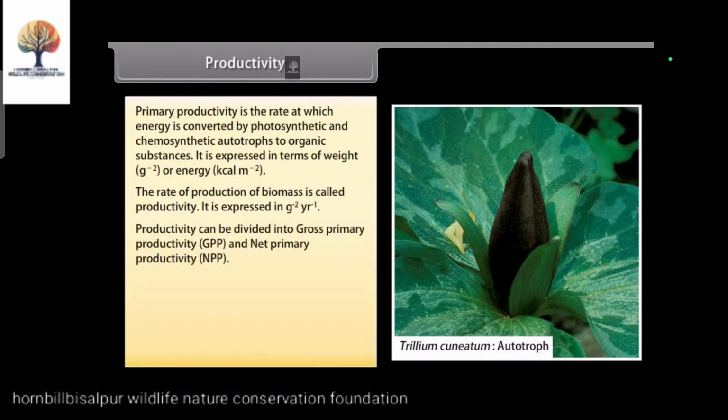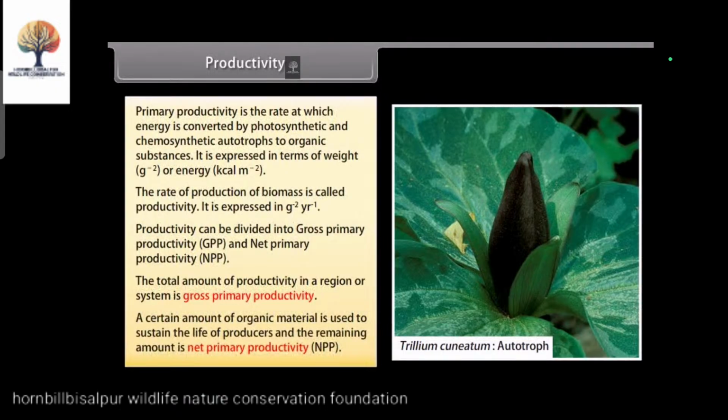Productivity can be divided into gross primary productivity, GPP, and net primary productivity, NPP. The total amount of productivity in a region or system is gross primary productivity.